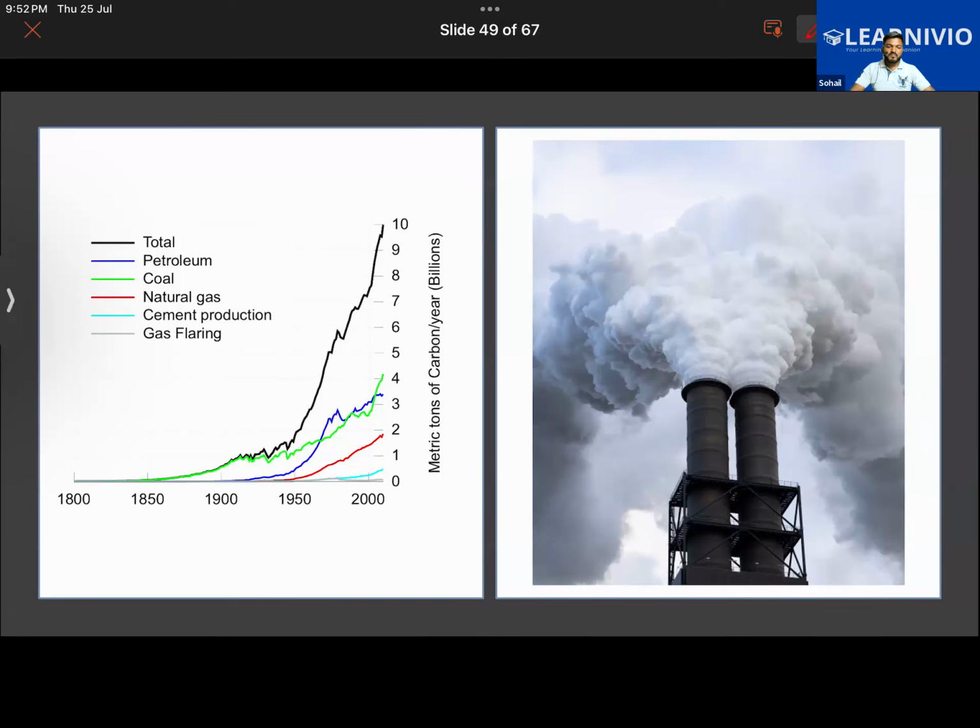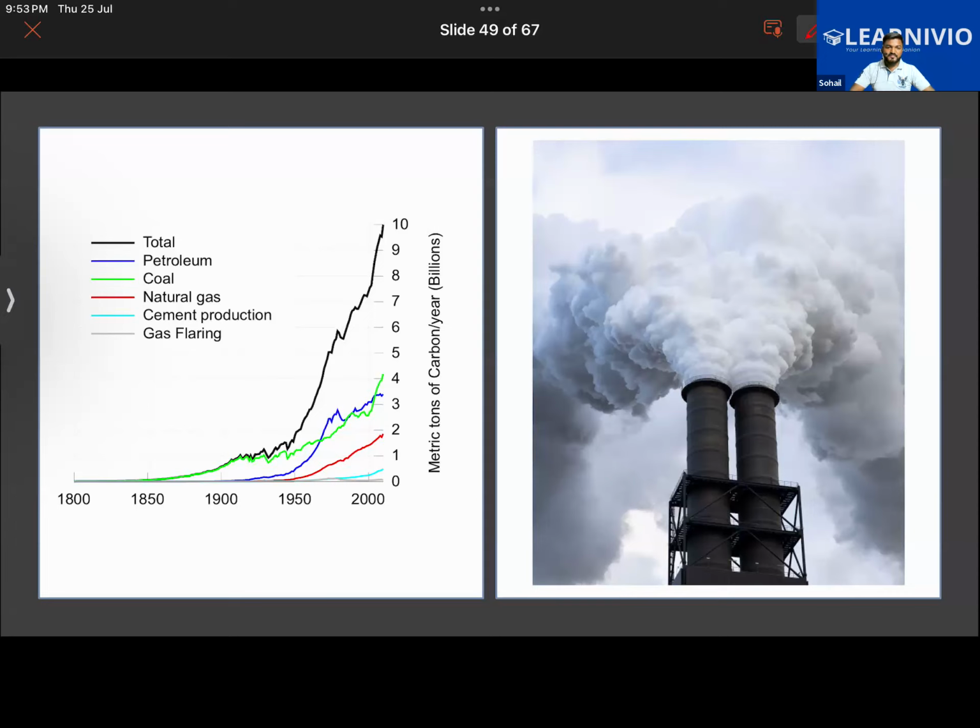You see, carbon footprint is basically the total amount of greenhouse gases like carbon dioxide and methane that would be released into the environment due to our different actions.